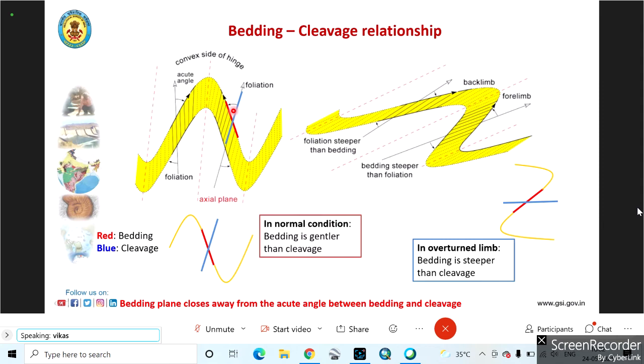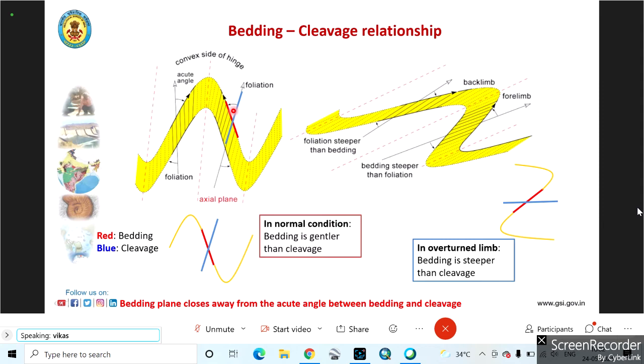So suppose you are standing in an area which is just a small part of this, where you can see the red marker has been marked, and you are only in that part. The beds will try to move away from the acute angle when they go into the closure part.